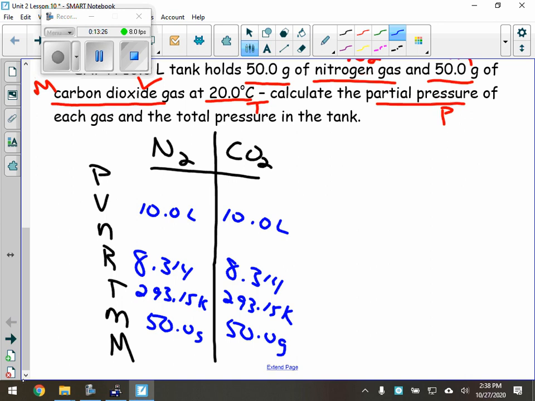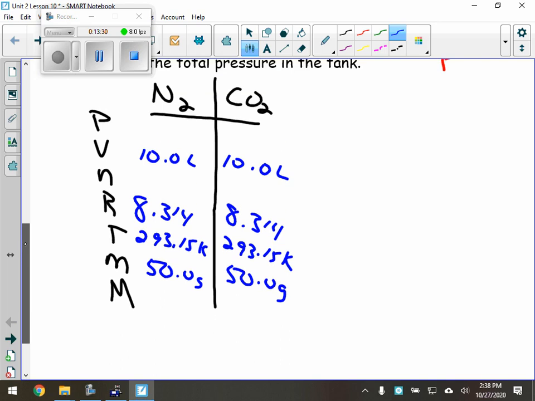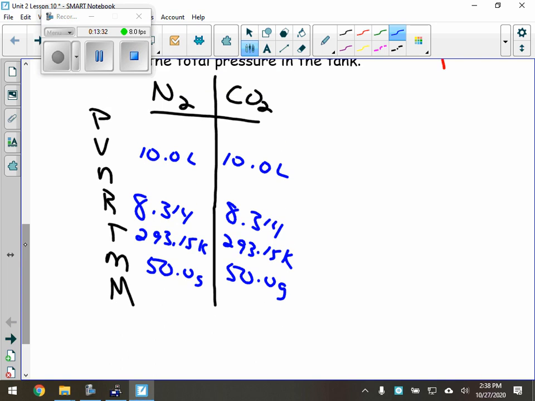Now, I'm going to give you a little tip here. We're going to fill in this part here. I'm going to say, okay, molar mass of nitrogen, by the way, is what? 28.02 grams per mole. And that's what? 44.01 grams per mole. Okay? And from these two things, this is kind of all the information I could figure out from the question.